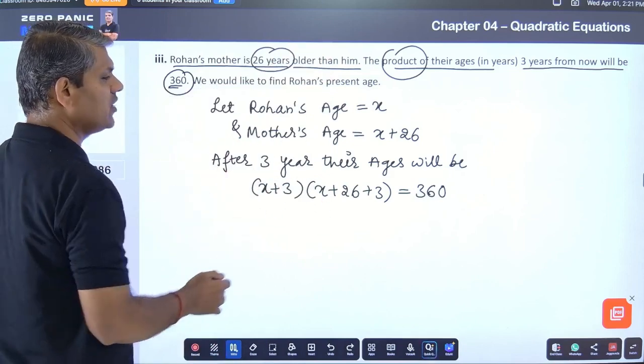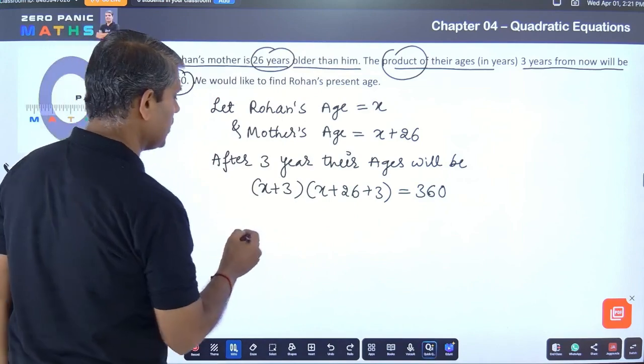See how easily we converted the given information into an equation. Let us solve this equation to get it into quadratic equation format.